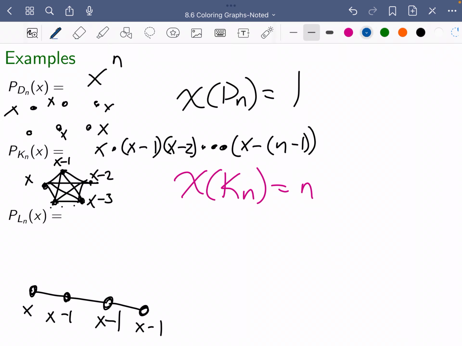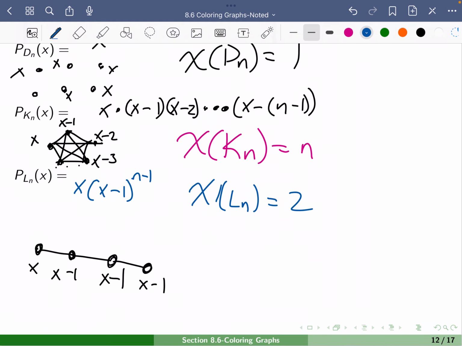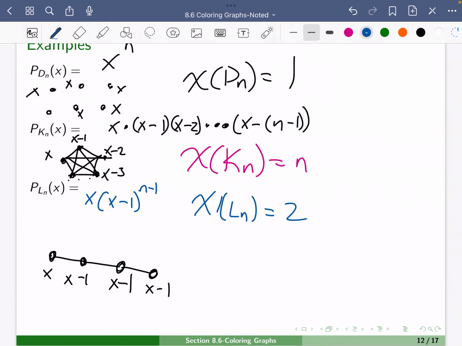And so our chromatic polynomial is x times (x minus 1) to the n minus 1. And our chromatic number is simply 2 itself. Fantastic. So this feels pretty straightforward.